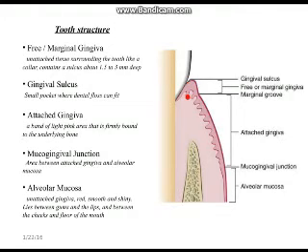Okay? And then we have the attached gingiva. It's a band of light pink area that is firmly bound to the underlying bone. So it's very important that there's bone under it, and the attached gingiva attaches to it. Now, the bone has to be a certain height and width for the gingiva to be attached to it.